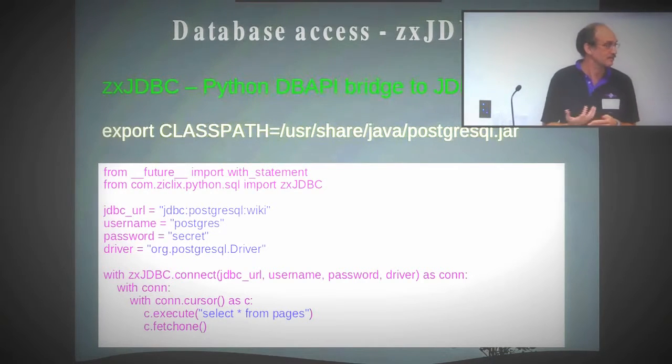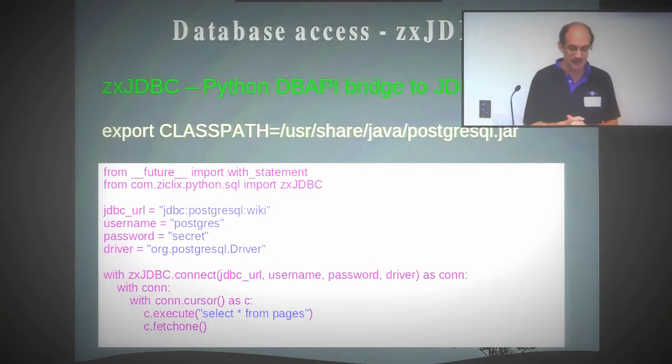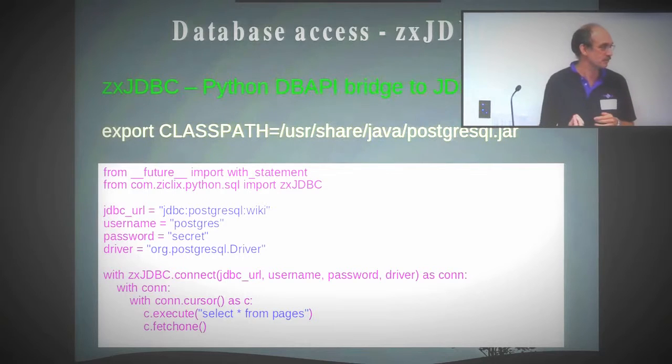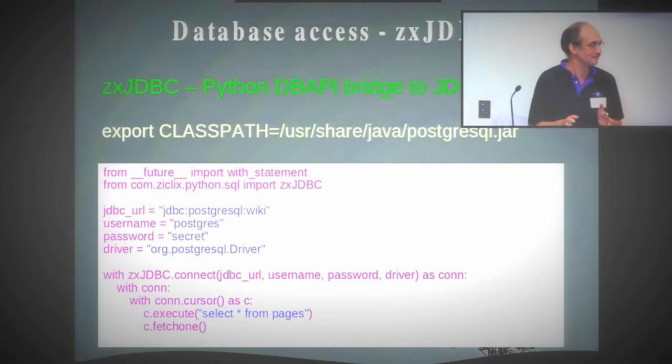That means if you've got a JDBC driver, you can connect to a database and talk to it exactly as you would using Python. Truthfully, to me, it's one of the most powerful things, because if you look at a lot of the database adapters for CPython, unless they're an open source database, they tend to run behind because the vendors of proprietary databases are not that interested in developing a CPython wrapper.